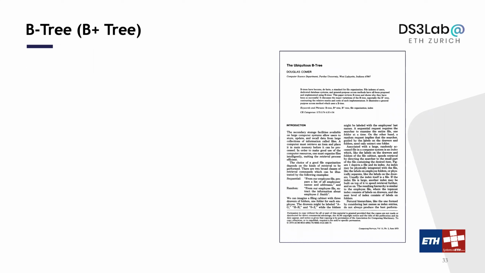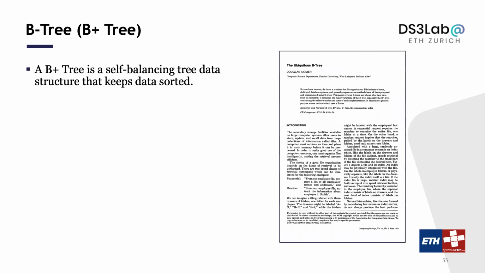B tree is a very classic data structure. Even in 1979, you can see there's a survey paper of B tree, so clearly people have been working on this for a while. Whenever we talk about B tree, we actually mean B plus tree.